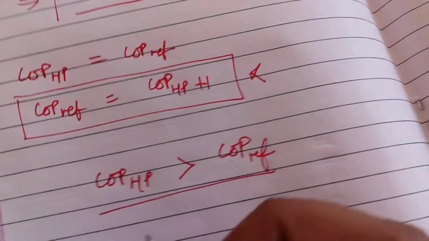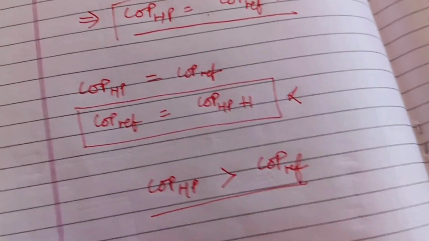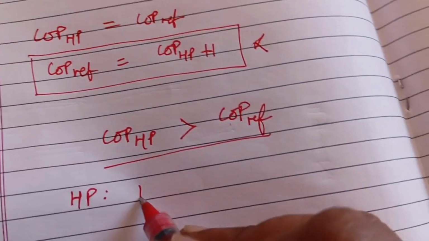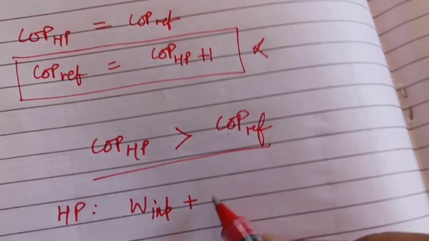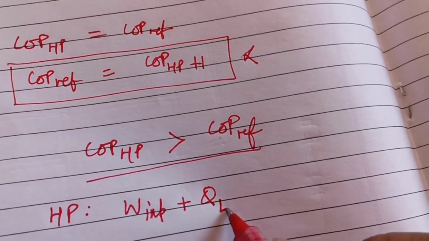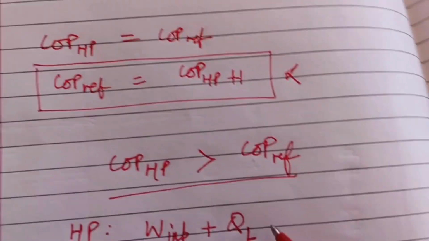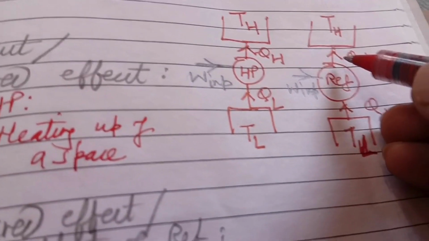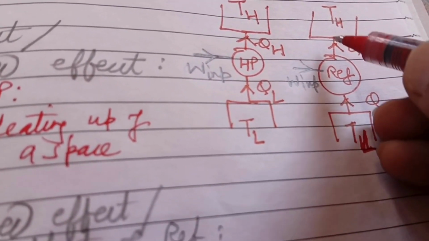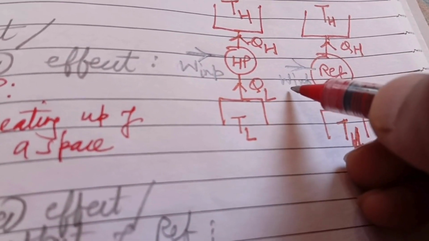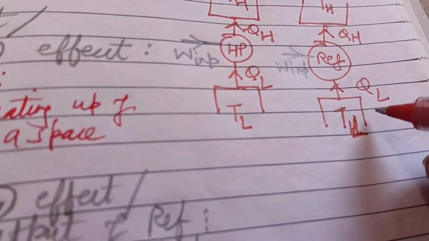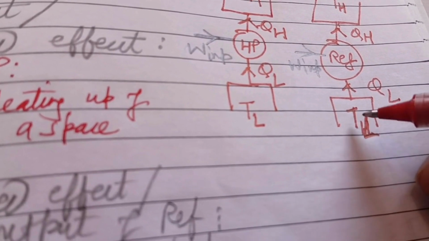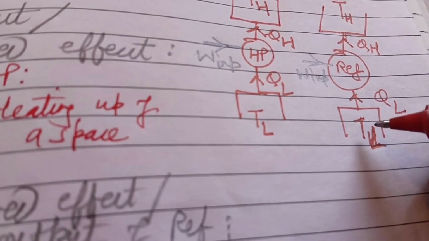In case of heat pump, you are giving work input as well as heat is being absorbed from a body maintained at a low temperature, and that is how you are able to heat up this space. Means QH can only be given to this space when work input is applied as energy source and this heat is being extracted or absorbed out of this body maintained at a lower temperature.